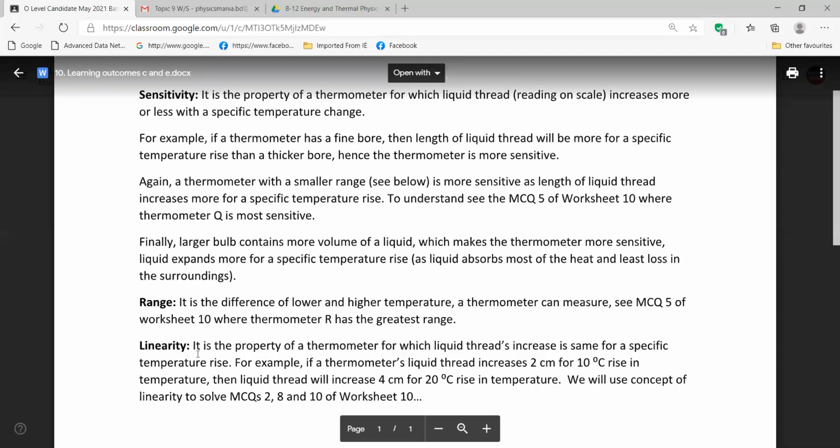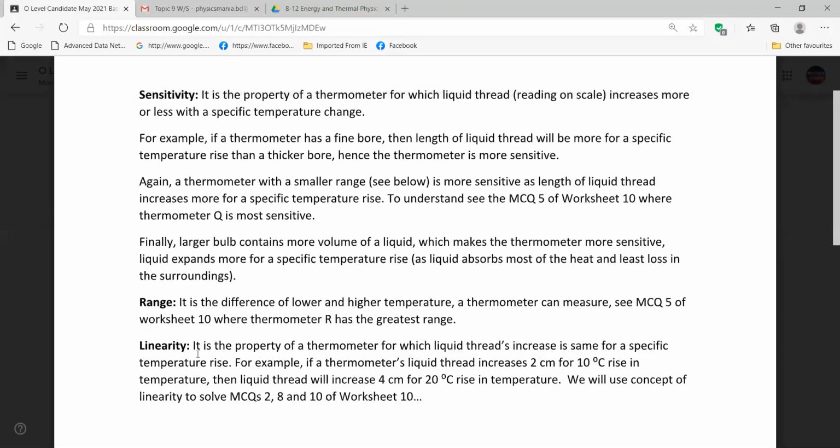Okay, range you got. Now linearity. What is linearity? Linearity we already understood from the calibration. Can you remember we got 10 centimeter for 0 to 100 degrees Celsius. Yes. So if your temperature is, for example, 50 degrees Celsius, then what will be the length of the mercury? 5 centimeter, right? Yes. If the temperature is 60 degree, then what is the length of the mercury? 6.